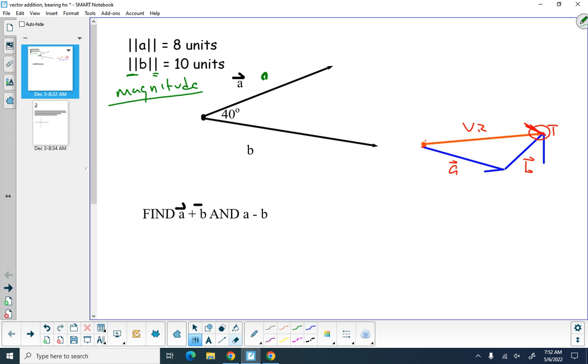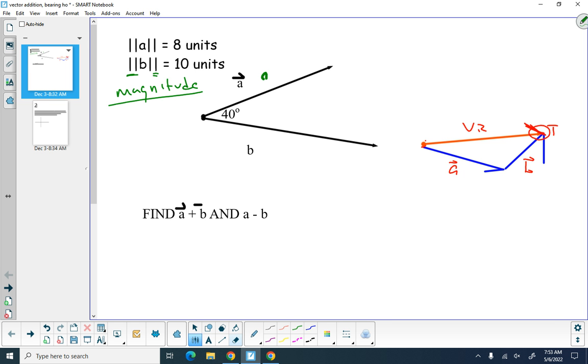Sometimes they'll just use a single absolute value, but I don't like that because the double absolute value signifies that you're dealing with a magnitude, which is a little clearer in my book. Some books will use a single absolute value and put a vector symbol above it. I don't like it, but you'll run into that.